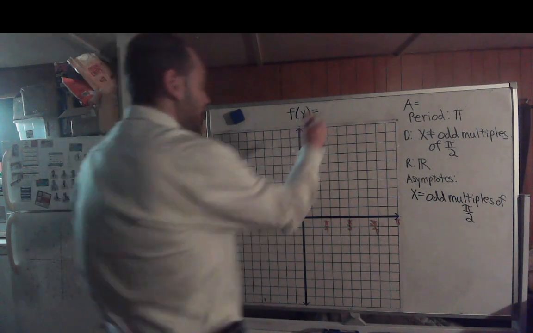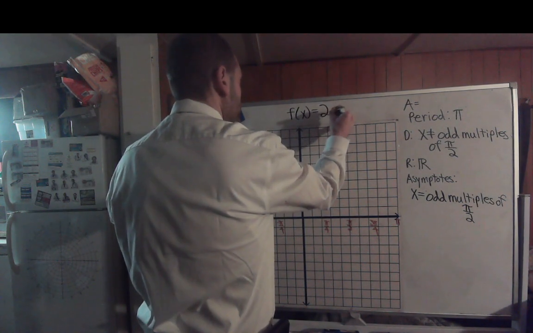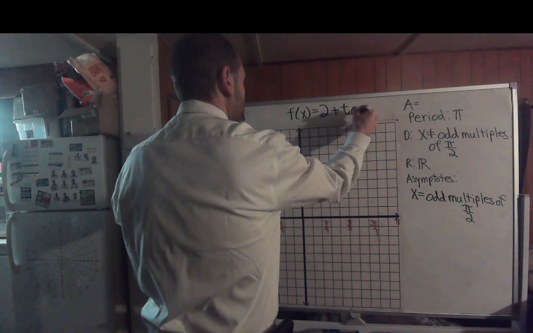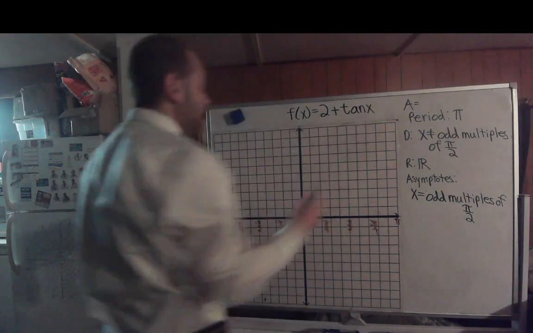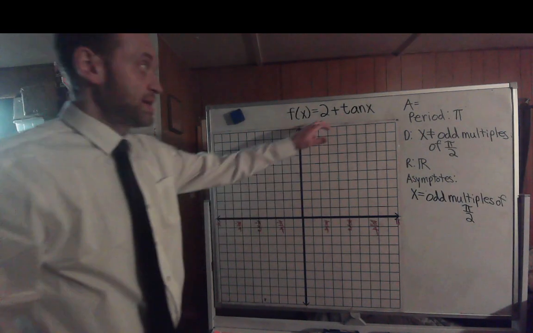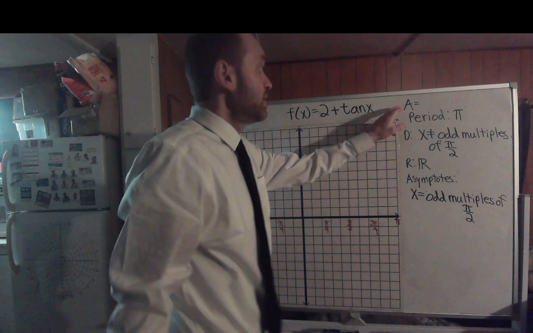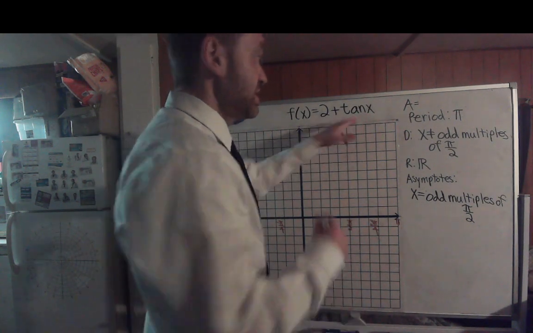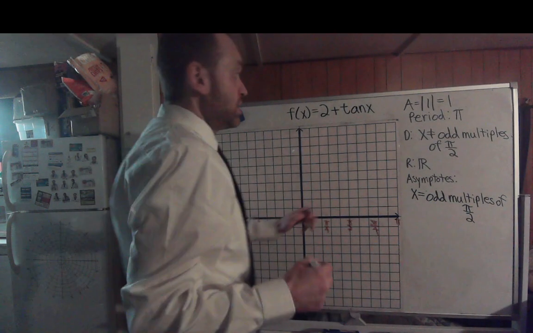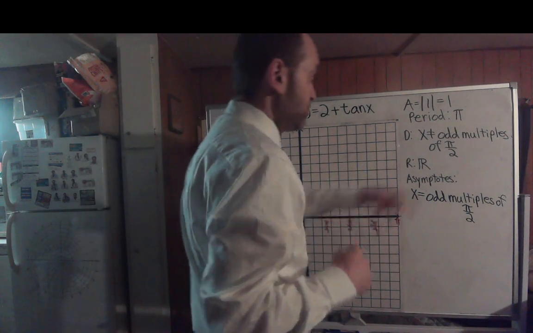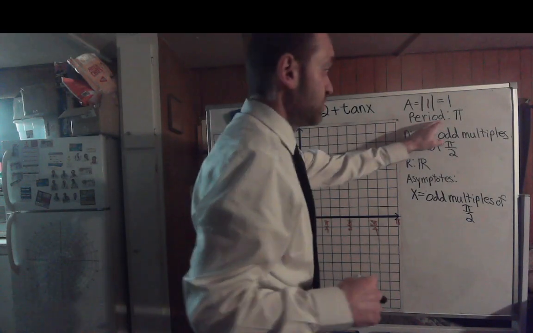Let's say I do 2 plus the tangent of x. So now I have something plus or minus the tangent. Well, again, let's look at your amplitude first. The coefficient on the tangent itself is 1, so the amplitude's the absolute value of 1, which is just 1. Your period still hasn't changed because the coefficient on the x is 1.